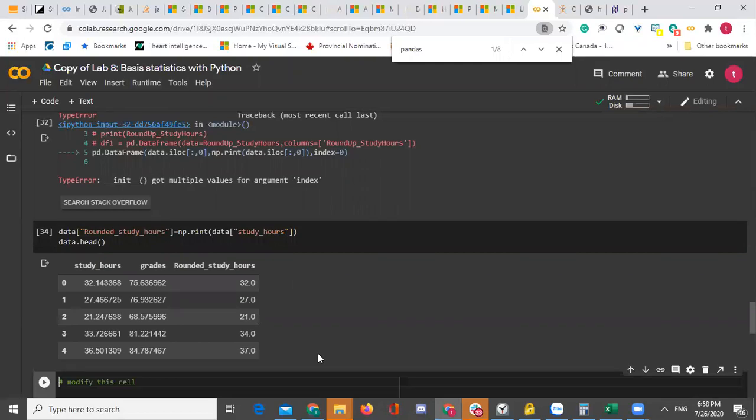Oh, yeah. There is the study hours, the grade, and the rounded study hours. So basically, okay, I see now.